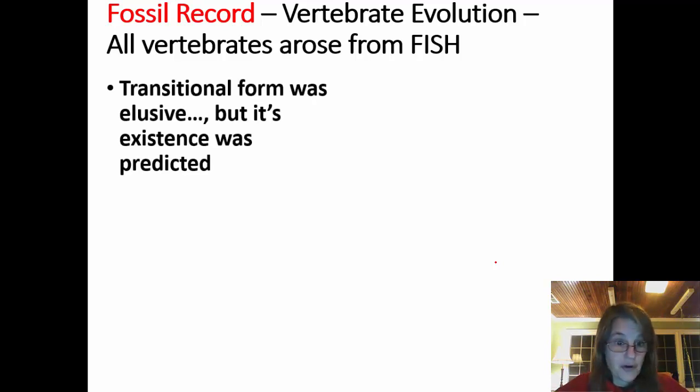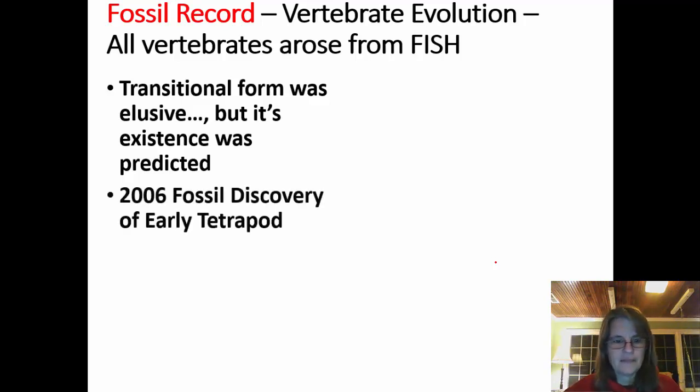The transitional form for this was elusive, but its existence was predicted by Darwin, by researchers, and they went and looked for it. They felt like what it should look like was largely like a fish. There should still be fins, but that there should be structures that made it somewhat more amphibian-like. Okay? And in 2006, they found it.